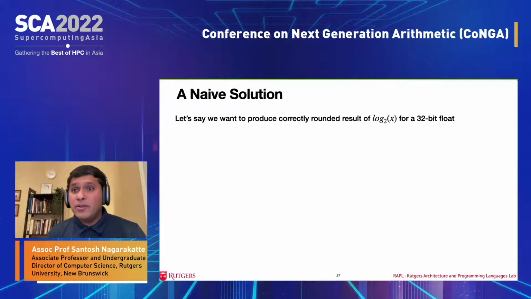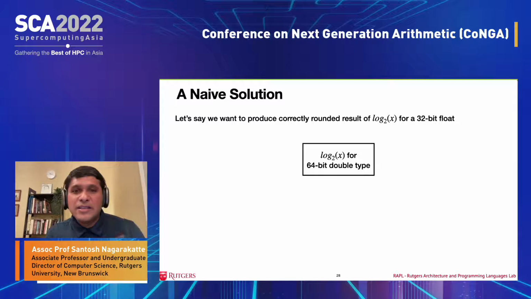So we all know there are 64-bit libraries out there, and CRLIBM is a correctly rounded 64-bit math library. So why don't we just use it to produce correctly rounded results for bfloat16, which is a 16-bit representation, or a 32-bit float? Let's say we are looking at log2 of x, which is an elementary function, and we want to produce a result for a 32-bit float. We don't have a correctly rounded float library.